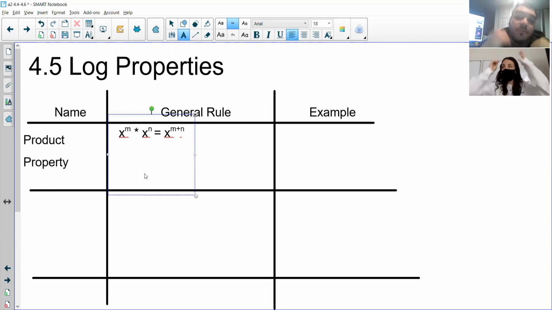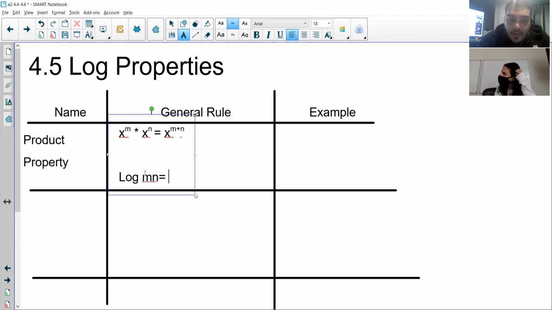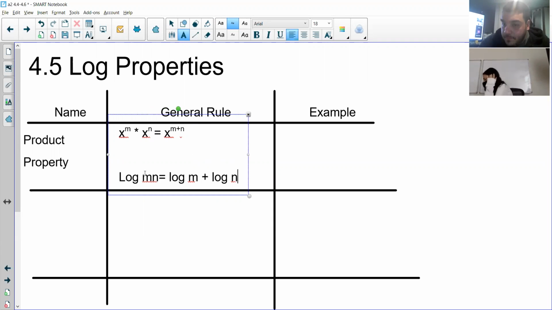The rule for us is going to be that log of m times n can be spread out to log m plus log n.